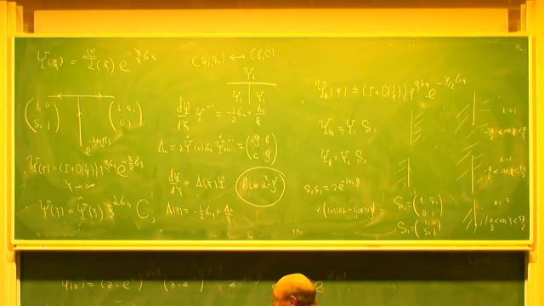I'm still doing more or less the same. But now my picture is this. This is e to the minus t, e to the t.